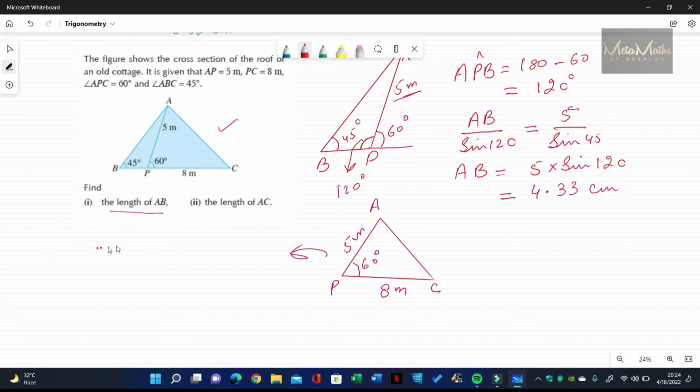And check how I am applying the formula. It's AC square equals 8 square, the first given side, plus 5 square, the second given side, minus 2 into 8 into 5 into cos of the angle opposite to AC, which is 60.